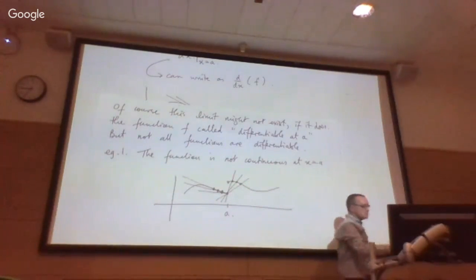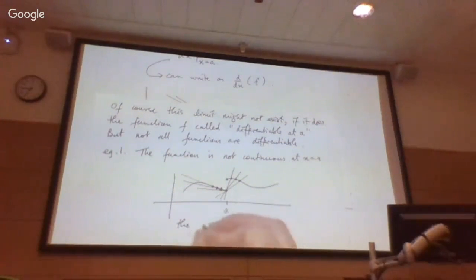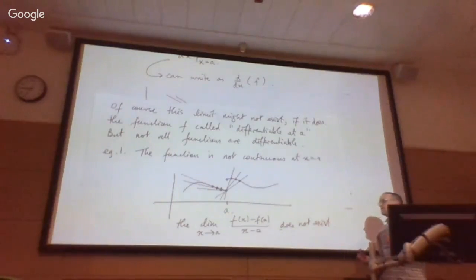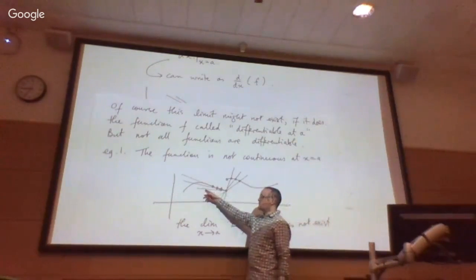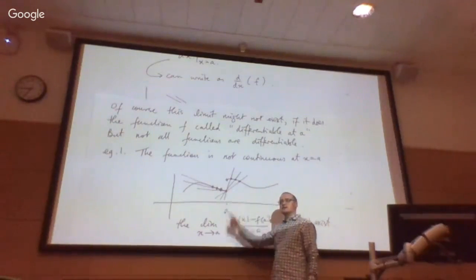So simply according to our definition, the limit as X approaches A of f of X minus f of A over X minus A does not exist. You can widen out or make the definition a bit more detailed and say, well, it does have a limit when you approach it from the left, but it doesn't have a limit as you approach it from the right.